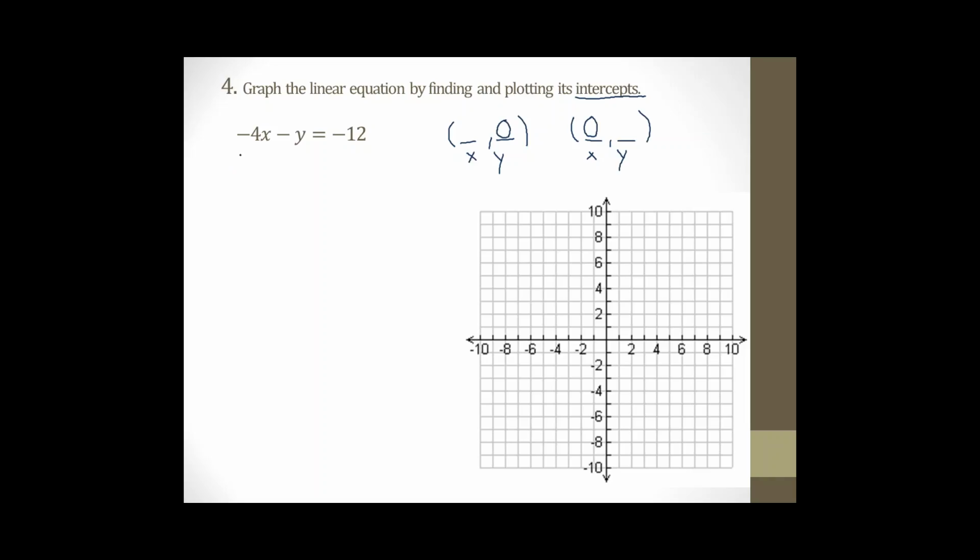So you're basically plugging in zeros into the equation to find the corresponding value. So let's find the x-intercept first by plugging in a 0 for y and then solving for x. So I can just take out the 0 and then divide both sides by negative 4. So x equals a positive 3 right here. And then finding my y-intercept, now I have to plug in a 0 for x.